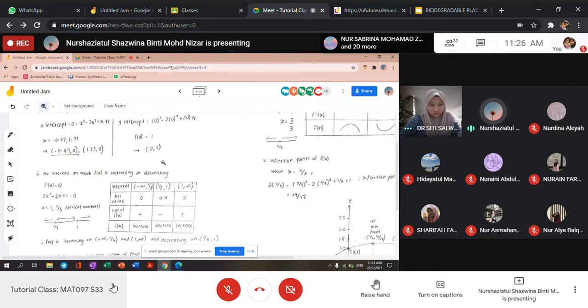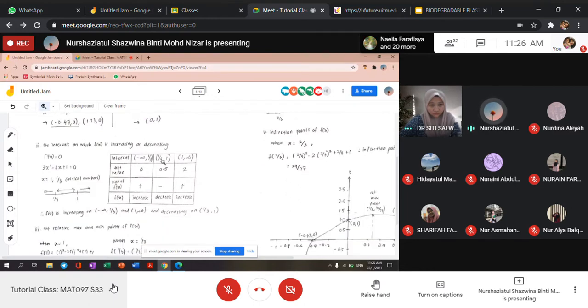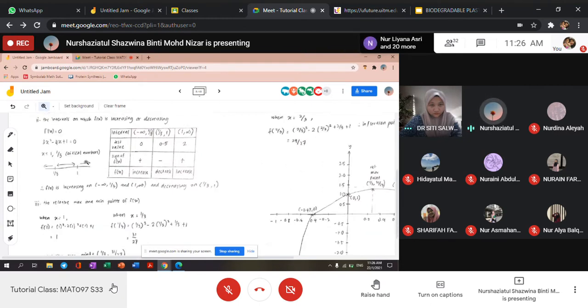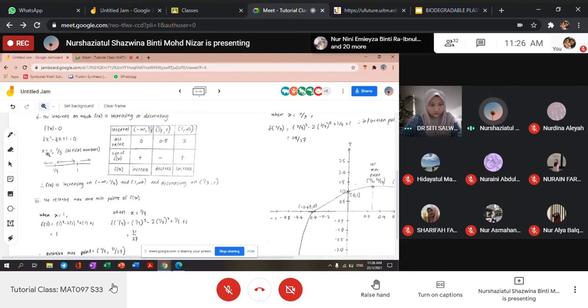Second, we have to find the interval on which f(x) is increasing or decreasing. And for this, we have to equate f prime x with 0. So we plug in the values into calculator, we will get x equal to 1 and 1 over 3, which are these two are the critical numbers.